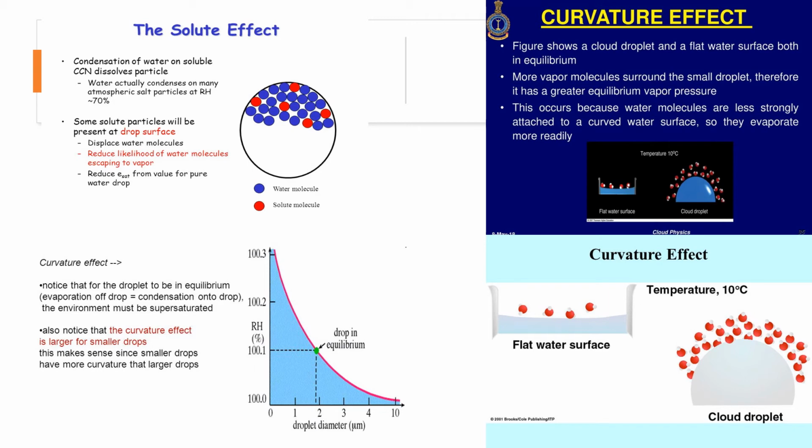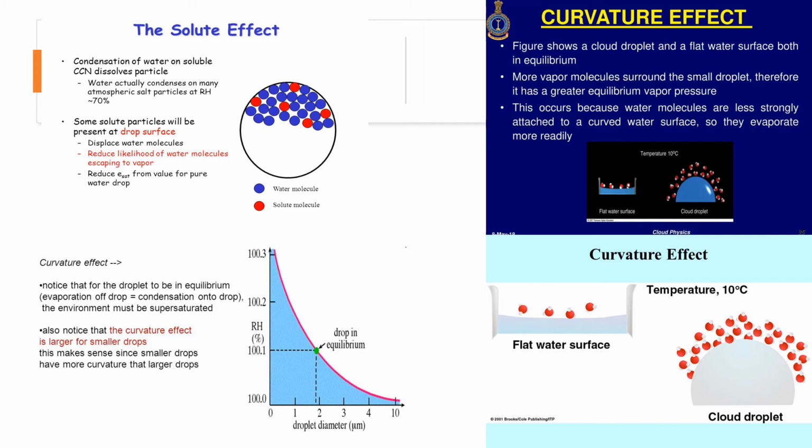So here we have two types of effect: the solute effect and the curvature effect. The solute effect prevents evaporation and keeps the equilibrium situation. The curvature effect makes evaporation faster.